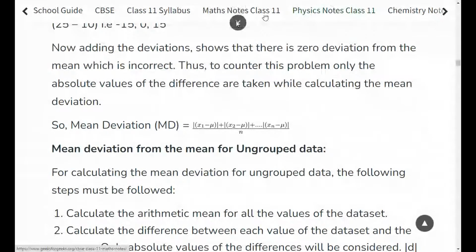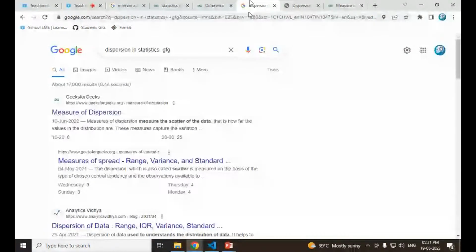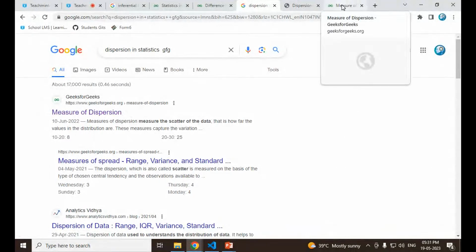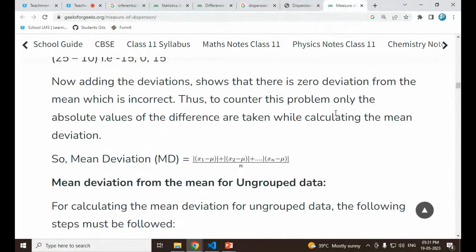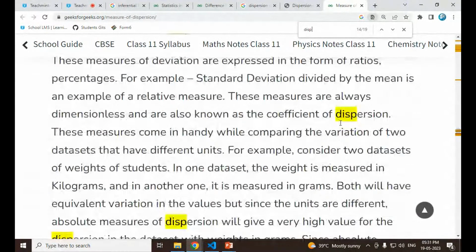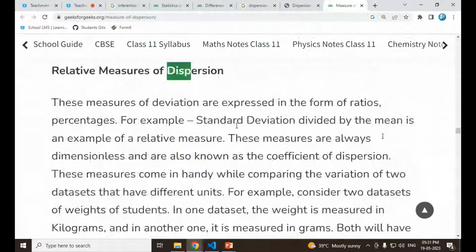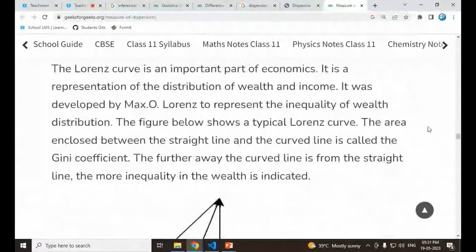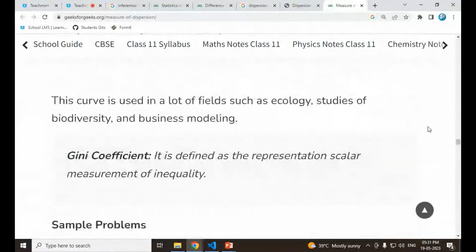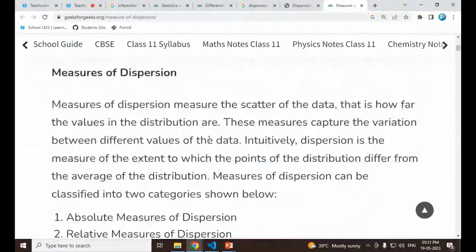All right. Let's get back to dispersion. I hope all of you understood what dispersion is.